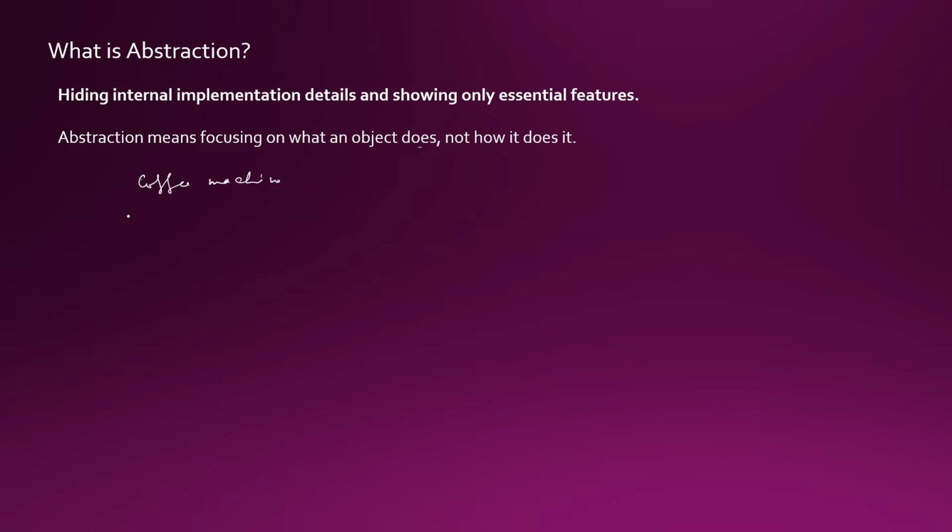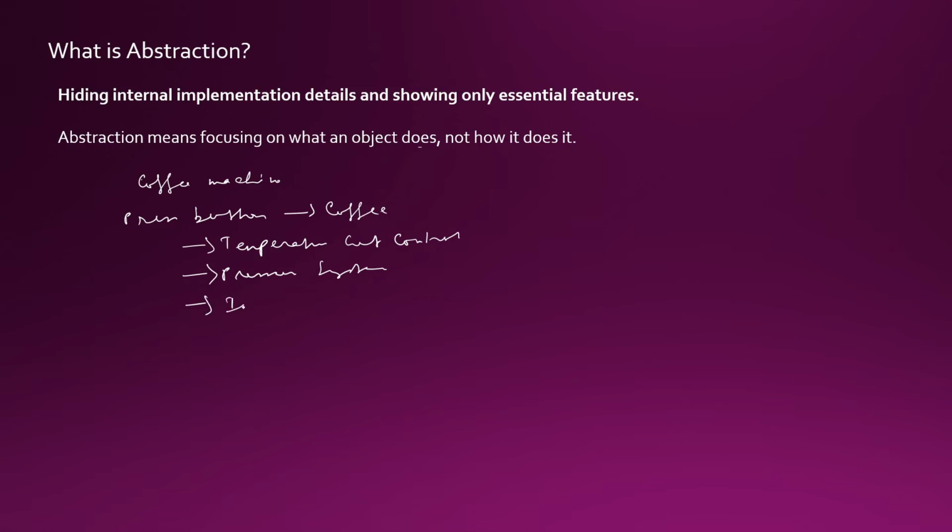Here what happens? You press the button and you get the coffee, right? This is what the user does. But in the backend, how the temperature gets controlled, how the pressure system gets controlled, how the whole internal system is getting controlled.